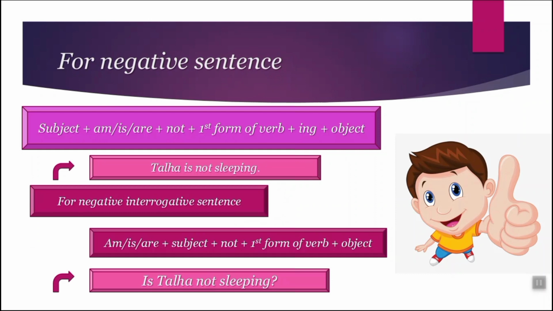The example for a negative sentence will be, Talha is not sleeping. Here not is indicating that it is a negative sentence, while for a negative interrogative sentence, the sentence will be, is Talha not sleeping? Is at the beginning is making the sentence interrogative, while not after the subject is making it negative. In this way, we can make any sentence into a negative interrogative sentence.